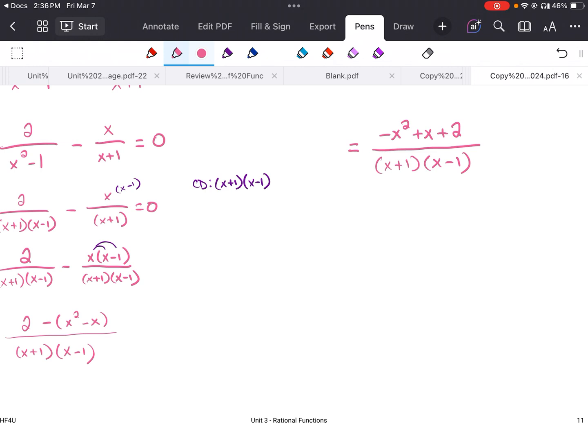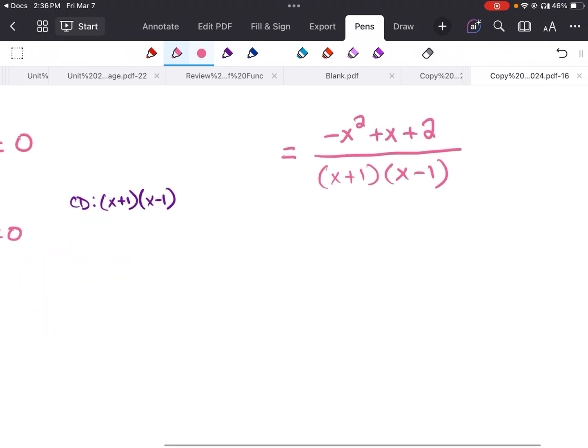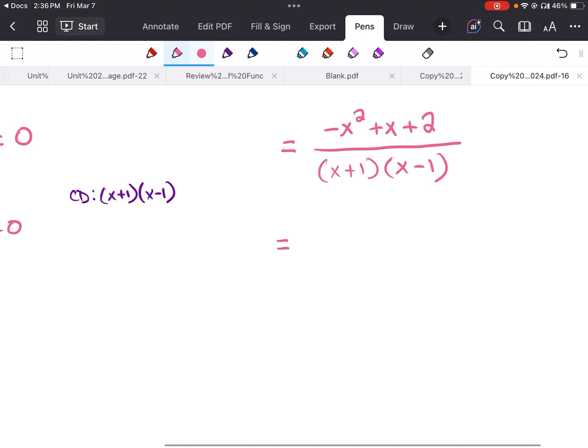Good. So now that everything's done with the numerator, we've distributed, we've collected our like terms. Because we're finding the point of intersection, we need an x value. And remember, the x values come from the numerator. So we don't actually even care about the denominator anymore. Actually, let's factor this out, and then we'll determine that. Okay, we don't like negative x squared, so let's take negative out of it, make it x squared minus 1x minus 2.